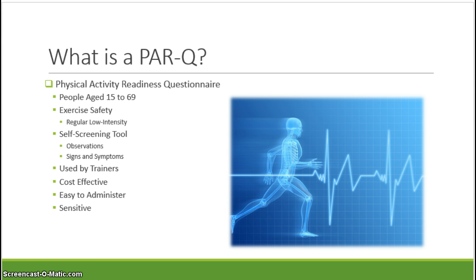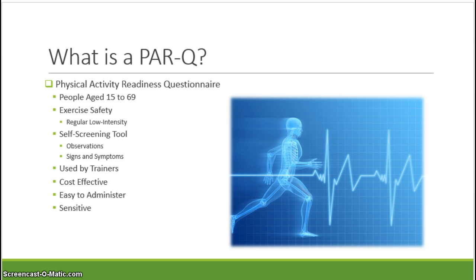What is a Part Q? It is a physical activity readiness questionnaire for people aged 15 to 69. It's what you would want to give your client before starting a regular exercise program for them.